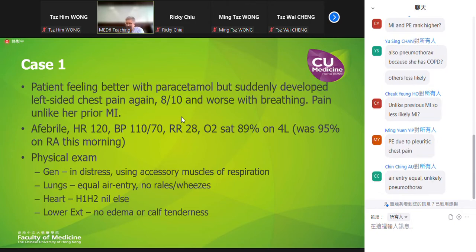All right, so okay, good. So the entry is equal, so not more. So at least we'll throw that out. Not so less likely. So it's short of breath, but no crackles, equal entries, and oxygen saturation drops.